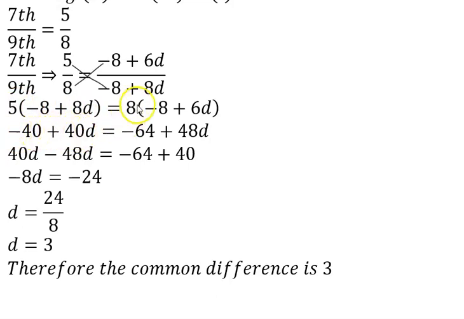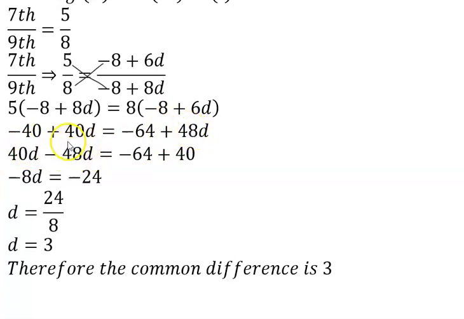We are done with this. On our left hand side, 8 times 8 will give us 64, but we have our minus here. 8 times 6d will give us what? 48d. Beautiful. So let's just collect our like terms. We have our 40d here. The plus 48d, the moment it crosses the equality sign, changes to what?